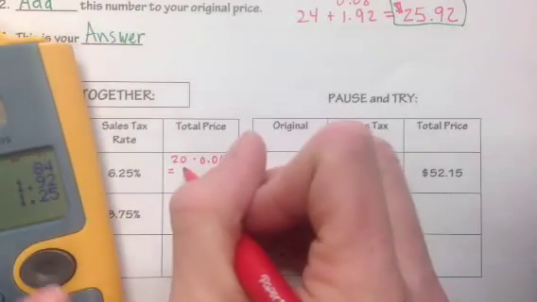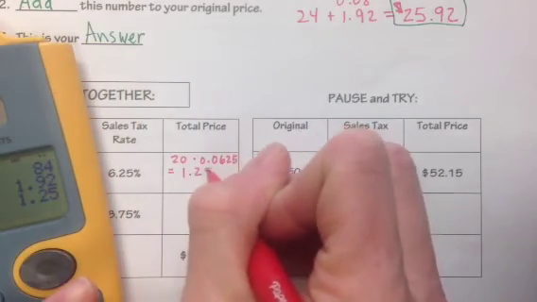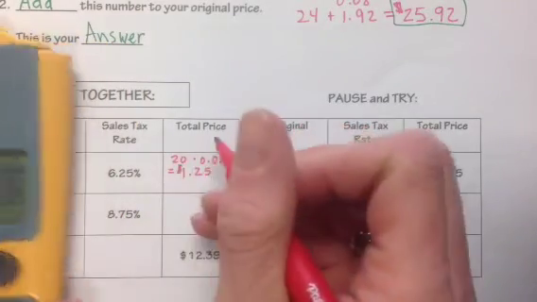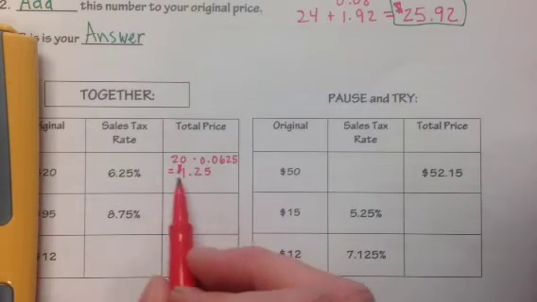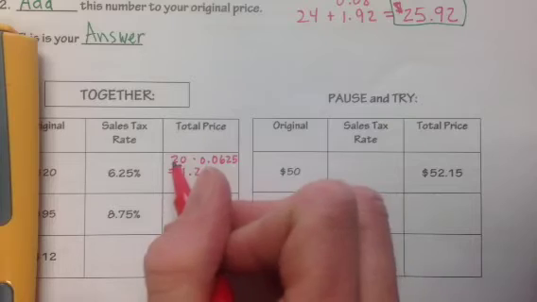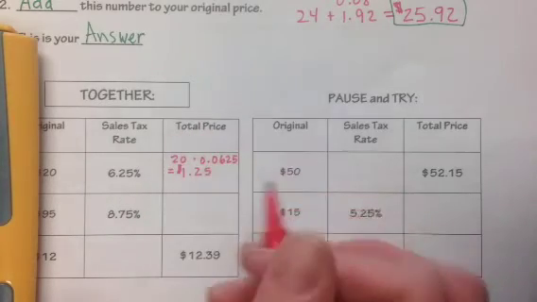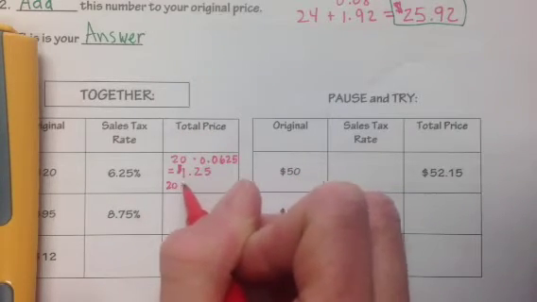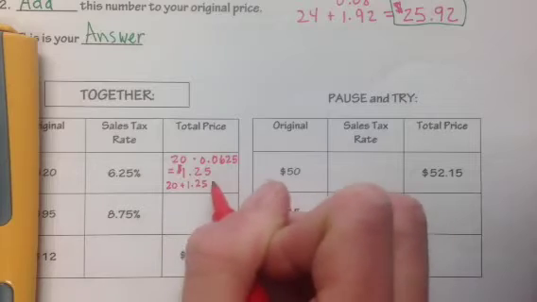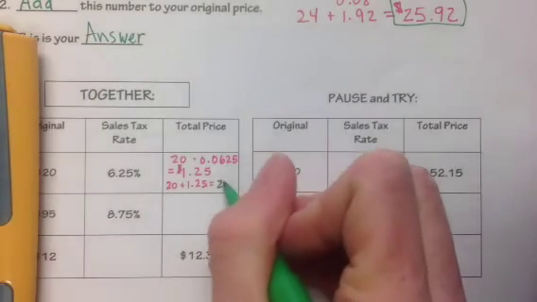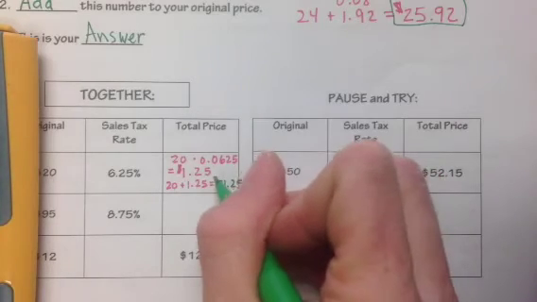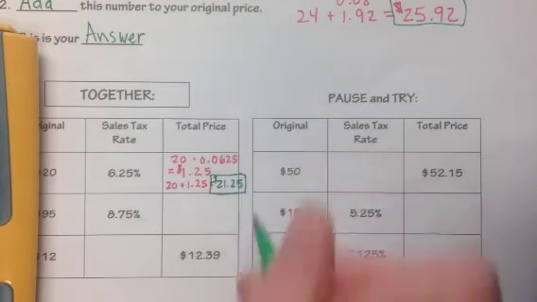So in other words, I'm paying an additional $1.25 on that tax. This is about the sales tax in Utah, so if you were to spend 20 bucks, that's about how much you would pay in tax. Now that's not what I'm asking for, total price, so I then have to take the 20, add the $1.25, and my final answer is $21.25. And that is how much I would pay for the item.